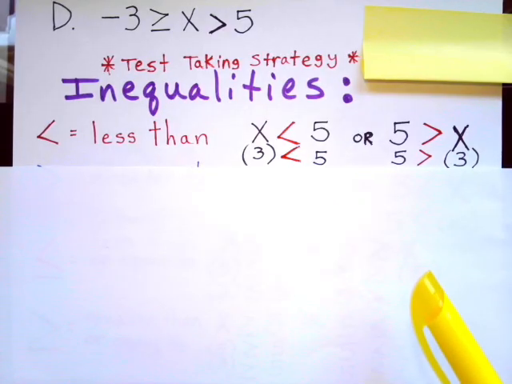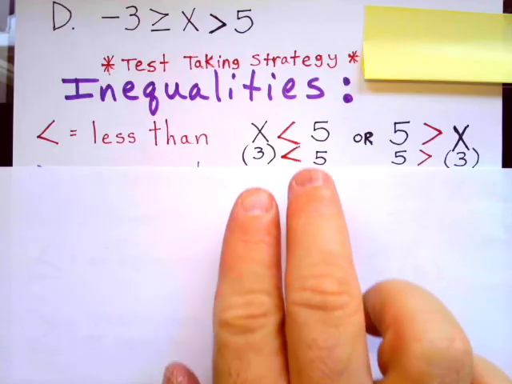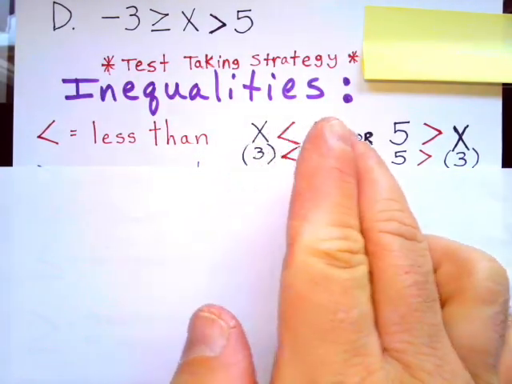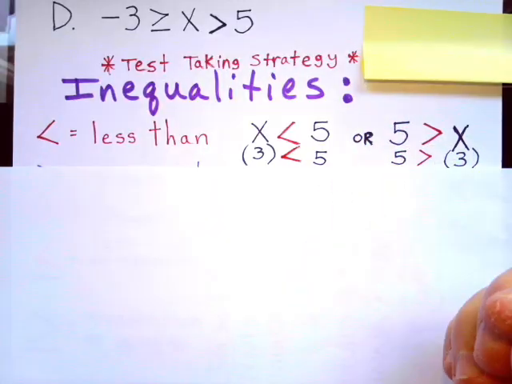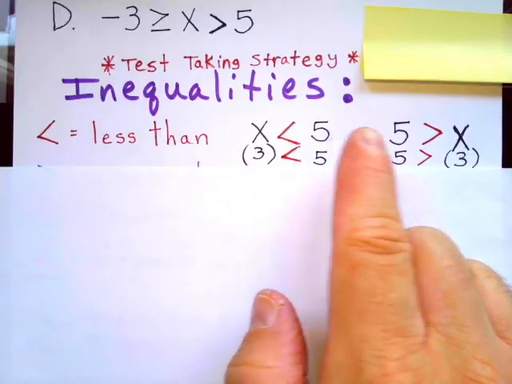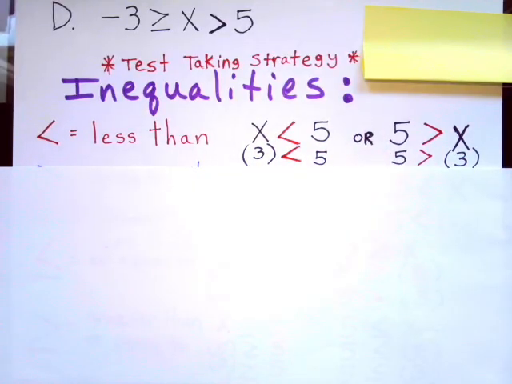And this is just another way of writing the same thing. You can take that x, that less than symbol and that 5, and flip it over. Now that x is on the far right side, that inequality is now pointing to the right. But they both mean the same thing. 5 is greater than x, 5 is greater than 3.